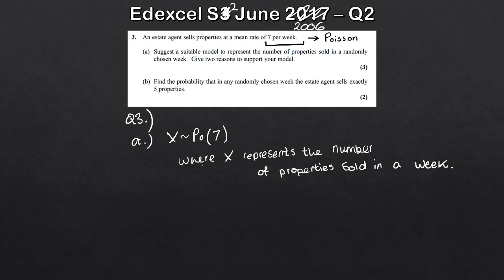It's worth mentioning that I don't have to use x as my variable. I could use y, I could use z. You can use whatever you want. Just make sure it's clear what x, or whatever variable you use, does represent. Okay, 2 reasons that support this. In other words, they're asking you for 2 assumptions that support this being a Poisson. The first one I'm going to mention is that the sales of the houses would occur independently.